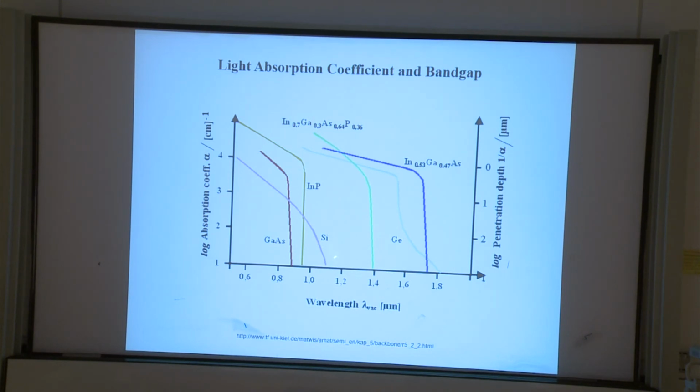But when the wavelength reduces to less than 0.9 micrometer, the absorption coefficient increases steeply. That means it is an efficient material to absorb photons with wavelengths smaller than 0.9 micrometer. So what does that mean? That means the band gap of gallium arsenide is equivalent to the photon energy with wavelengths around 0.8 or 0.9 micrometer. Can you understand?